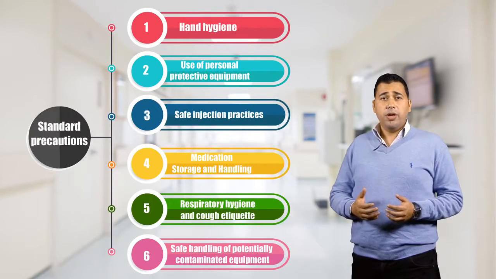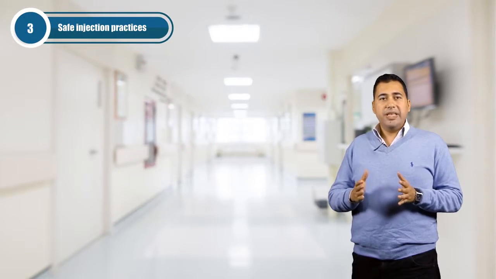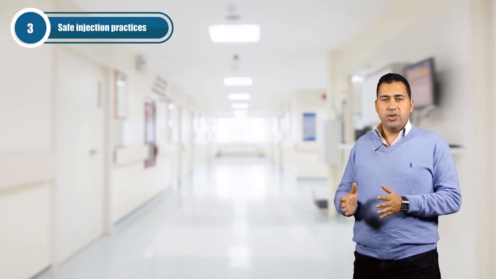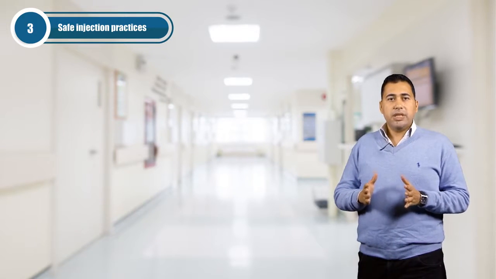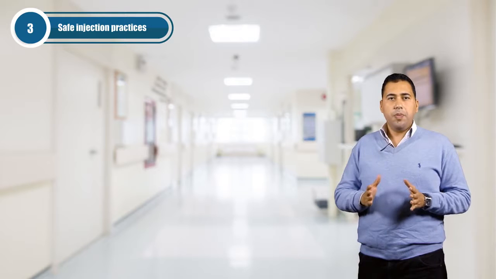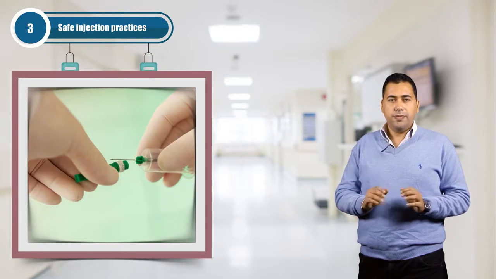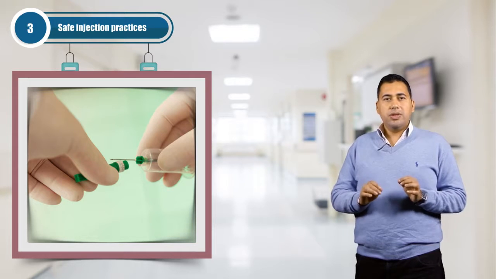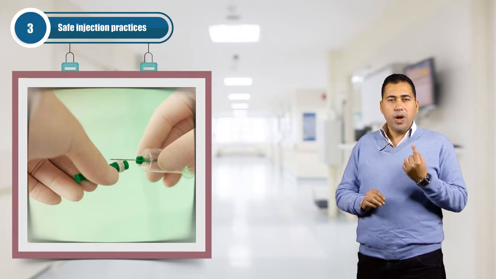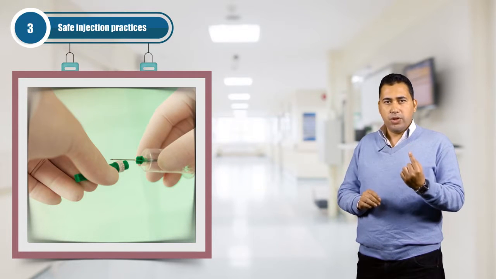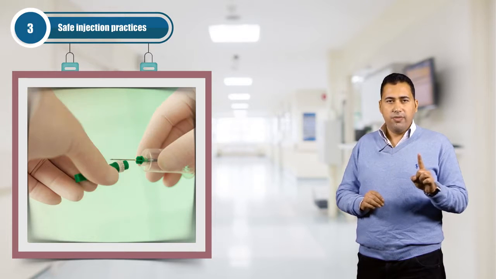The next topic is prevention of needle stick and sharps injuries. Needles, scalpels, and any sharp objects within the hospital should be dealt with caution. You should use disposable syringes, one time use for one patient. You shouldn't reuse them ever.